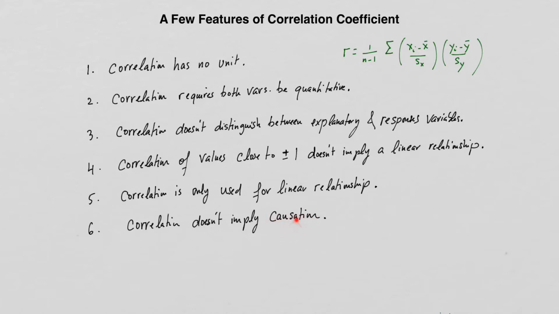This is a very strong statement. Nobody has the right to talk about cause effects unless you have a proof. It is subject to the lab. So if you do have a cause effect, clearly you have a relationship. But just because there is a relationship, it does not mean there is a cause effect. Okay? And we will address this when we talk about sampling methods in a future chapter.